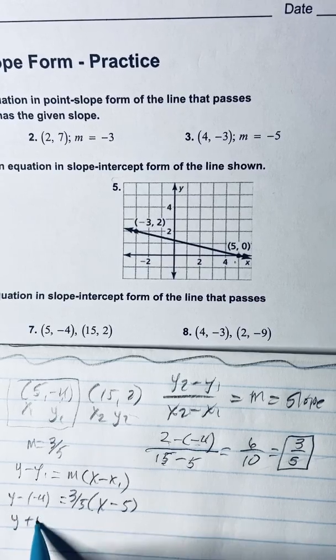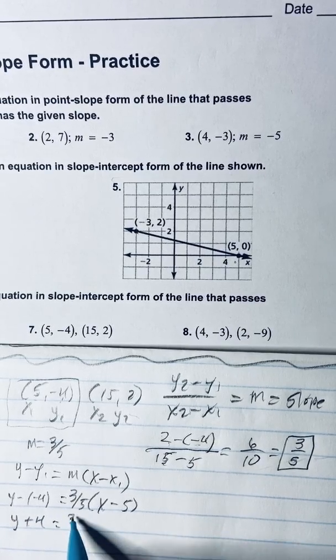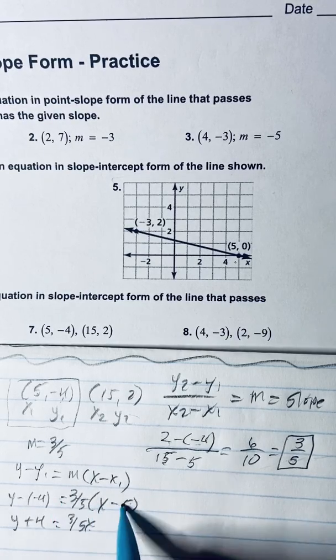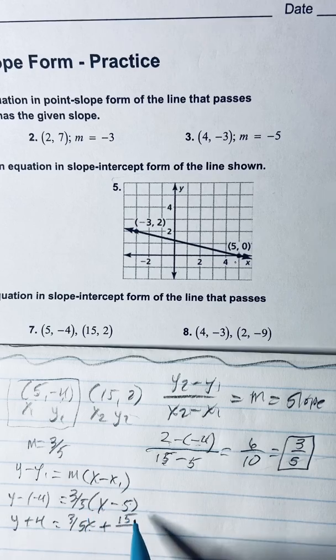So y plus 4 equals 3/5 x, because 3/5 times x is 3/5 x, and 3/5 times this is going to be negative times negative is a positive, 15 over 5, that equals 3.